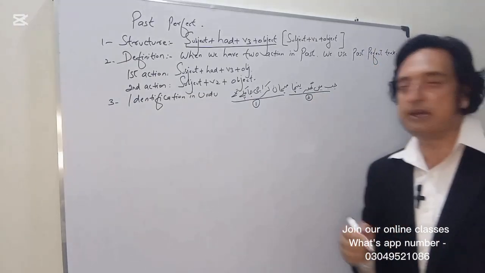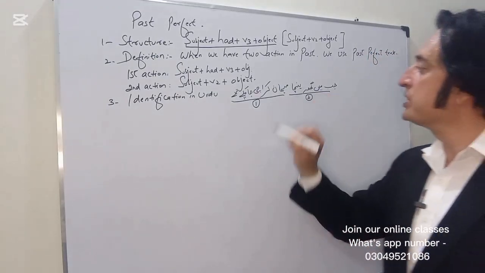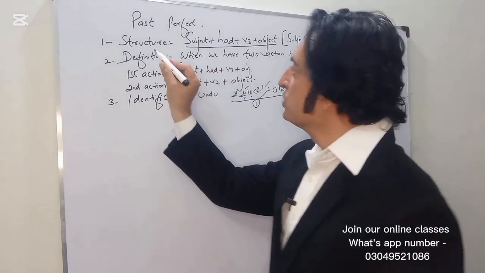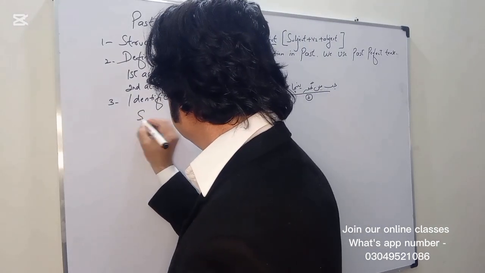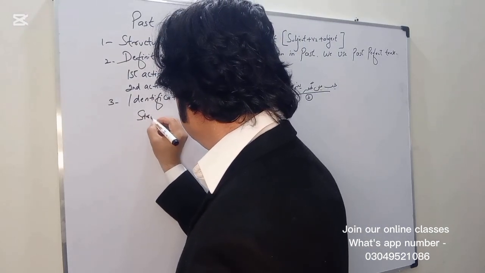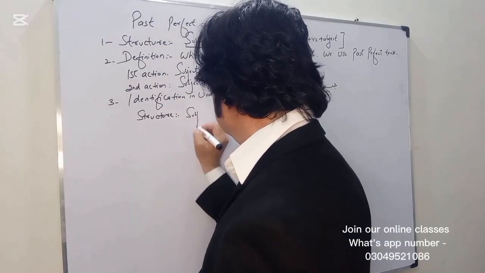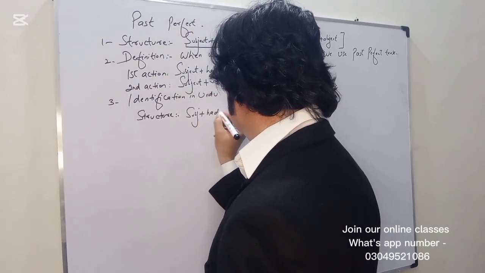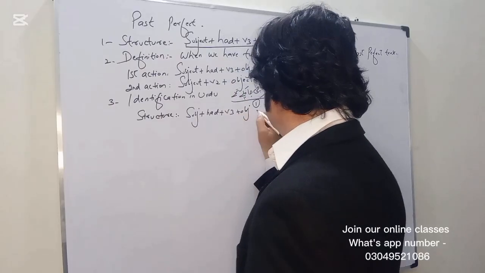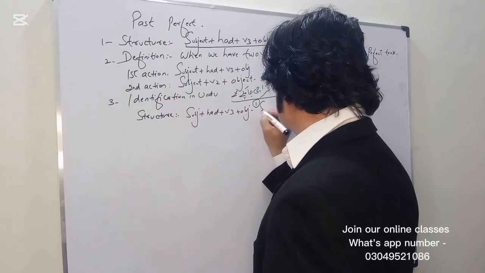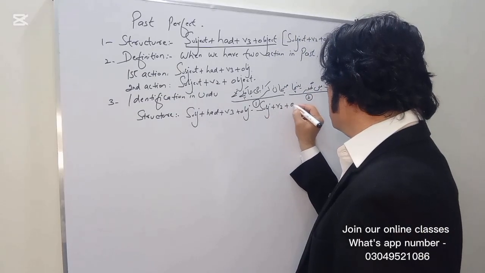So we'll make some examples. The sentence: जब मैं घर पहुंचा तो मेहमान जा चुके थे. I'll put the structure here: subject plus had plus verb third form plus object, and again subject plus verb second form plus object.